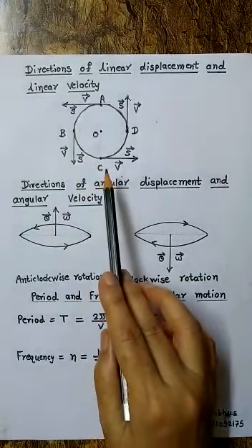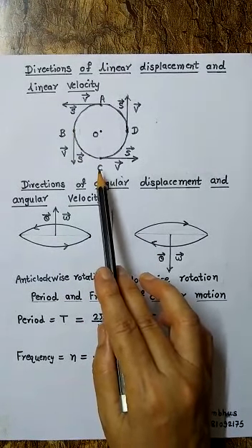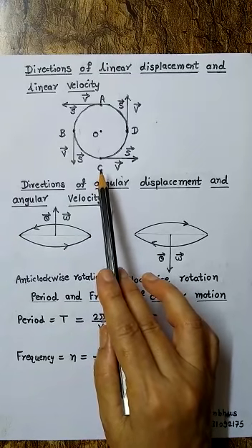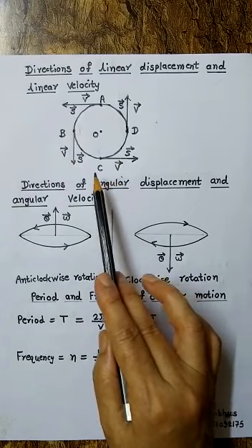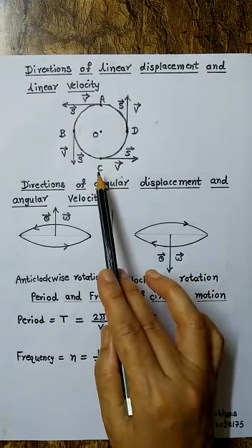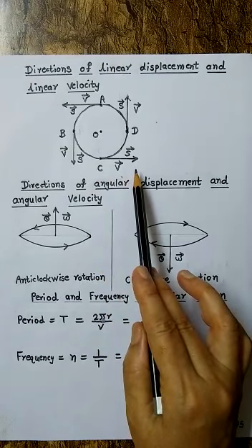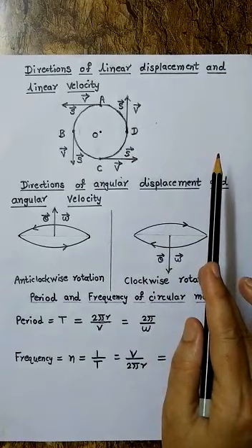If we consider a particle at point C, then the direction of linear displacement and linear velocity is along the tangent to the circular path, and it is along this vector. Now this is about the direction of linear displacement and linear velocity.